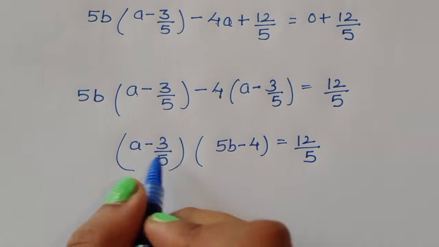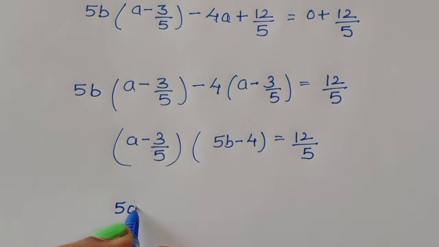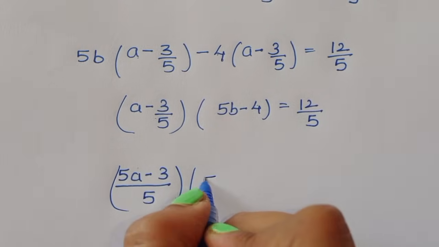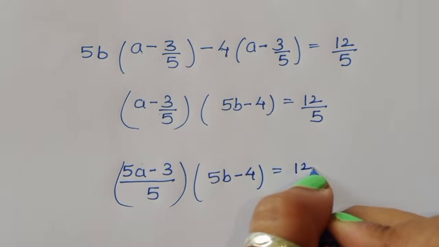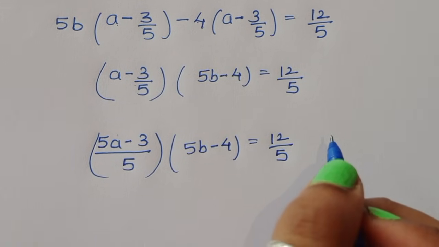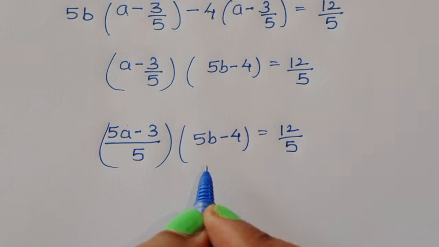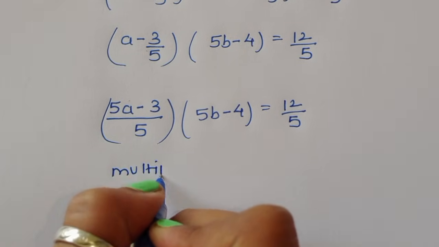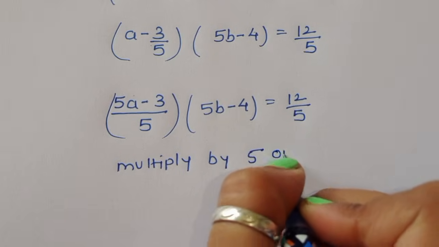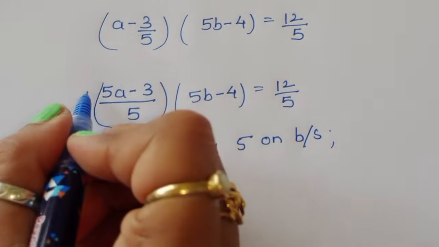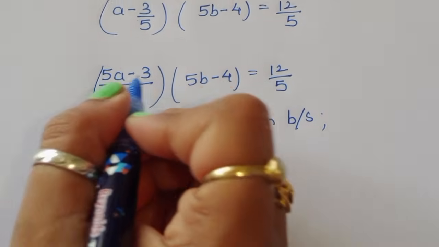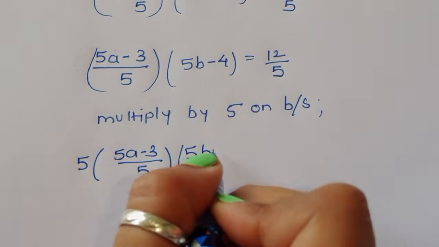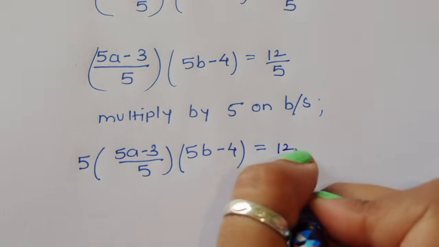Now we can take the LCM, so it becomes 5a minus 3 upon 5 times 5b minus 4 is equal to 12 upon 5.